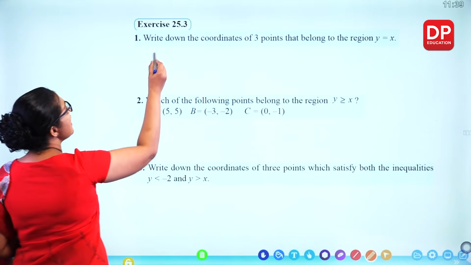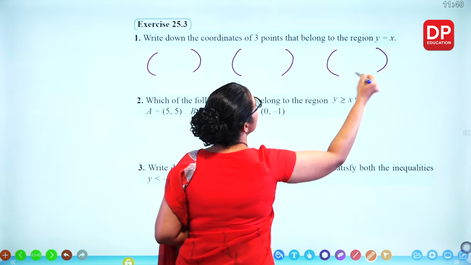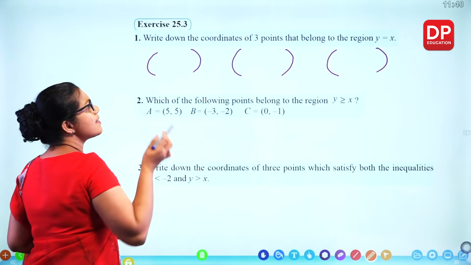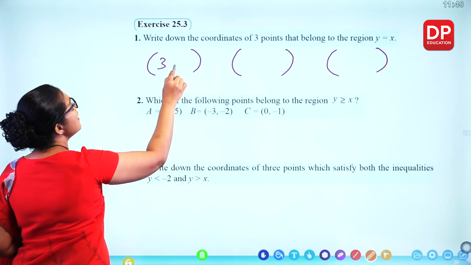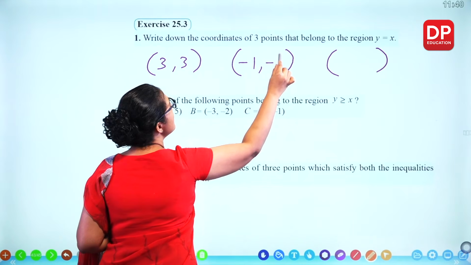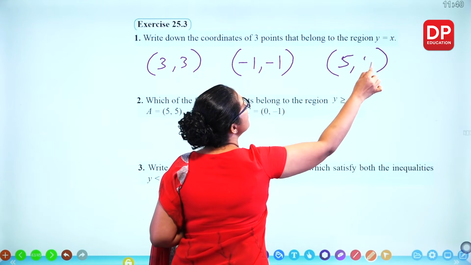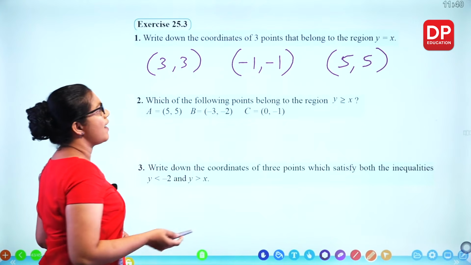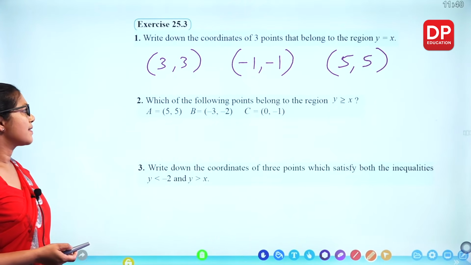You can take any 3 points with equal x and y values. If you take 3, the y value is also 3. If you take -1, the y value is also -1. If you take 5, the y value is also 5. So any 3 points you can write like this.